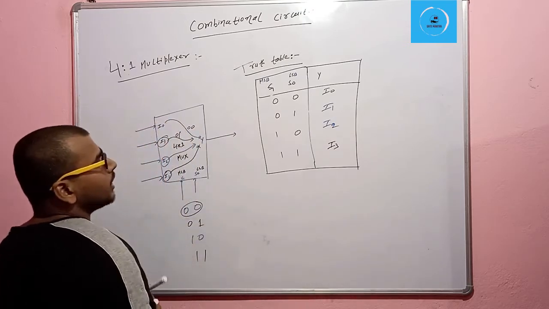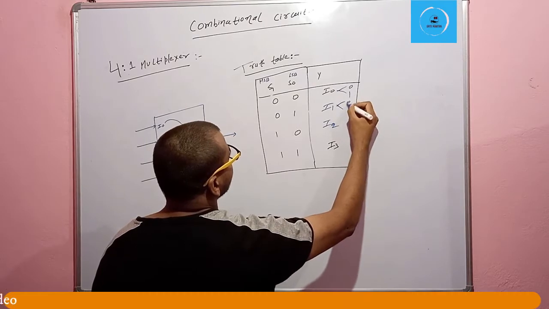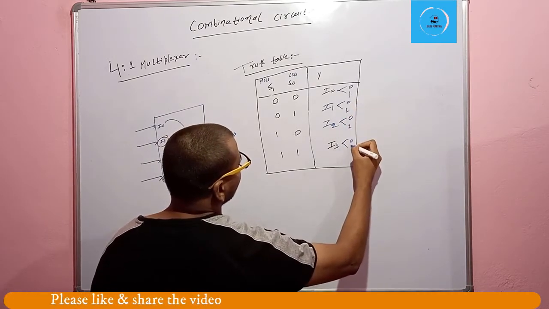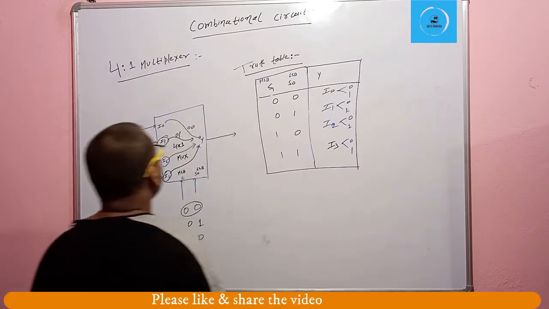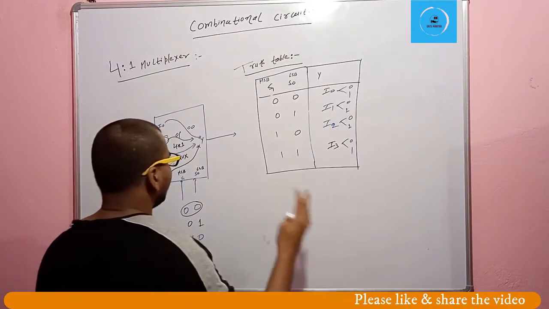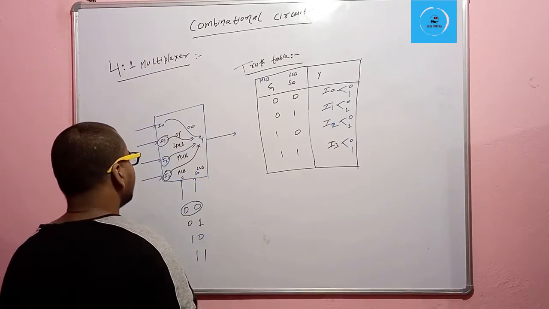So I0 can take two values, either 0 or 1. I1 can take two values, either 0 or 1. This also takes two values, 0 or 1. So whatever the values of I0, I1, I2, I3 are, they will be reflected at the output for the given select lines.